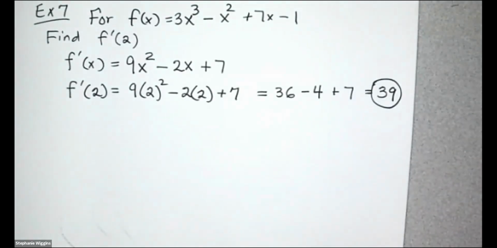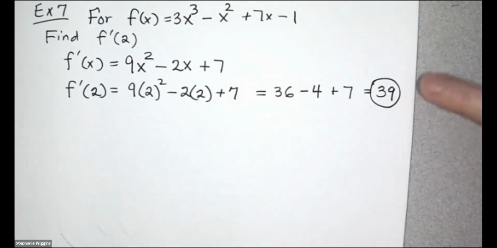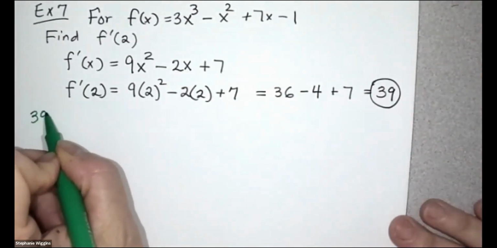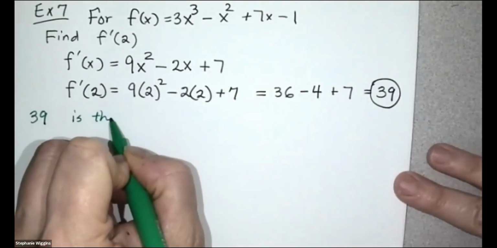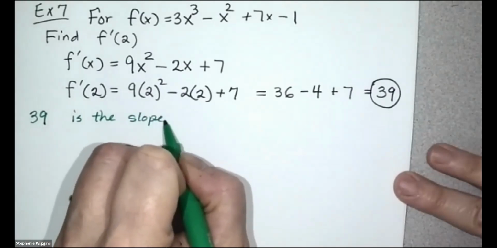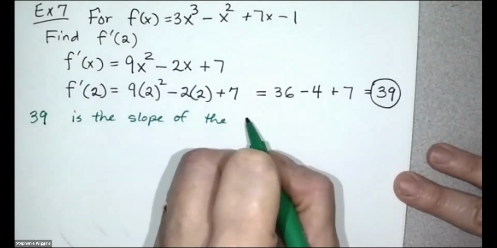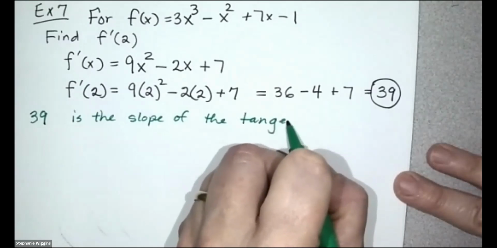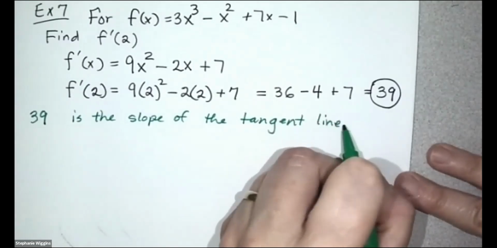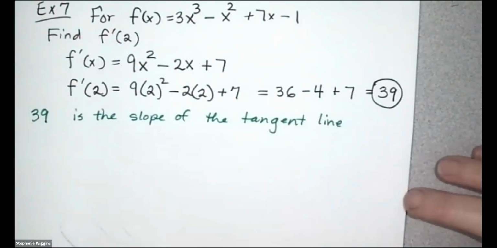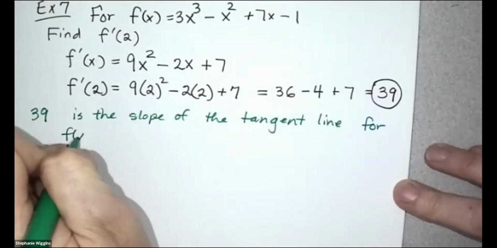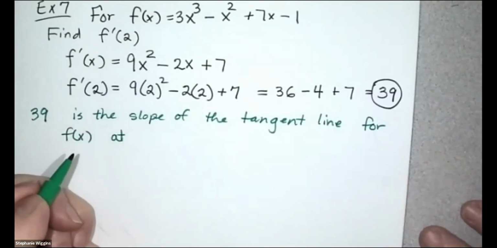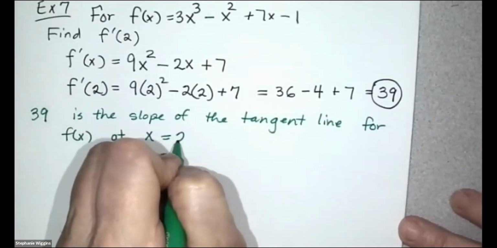So just as a reminder, what does this number mean in the context of this problem? This just says that 39 is the slope of the tangent line for your function at the value when x equals 2.